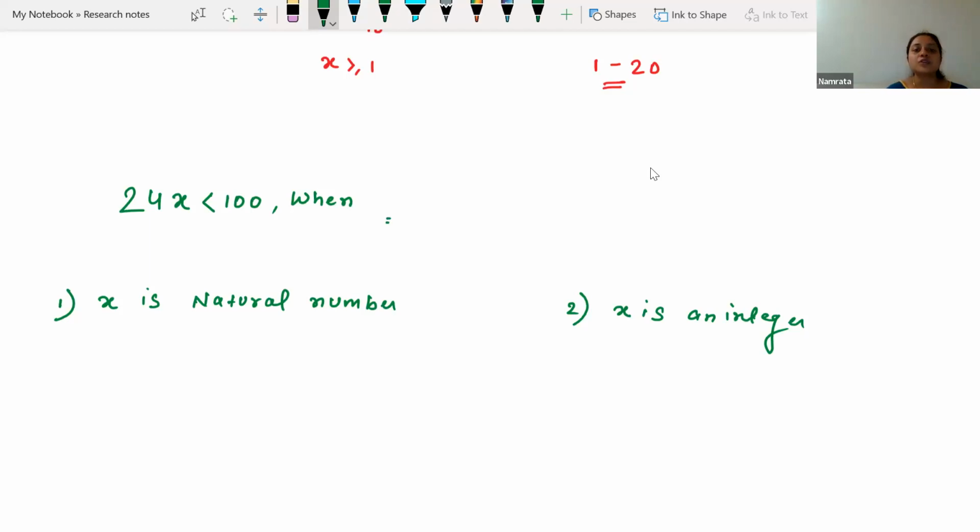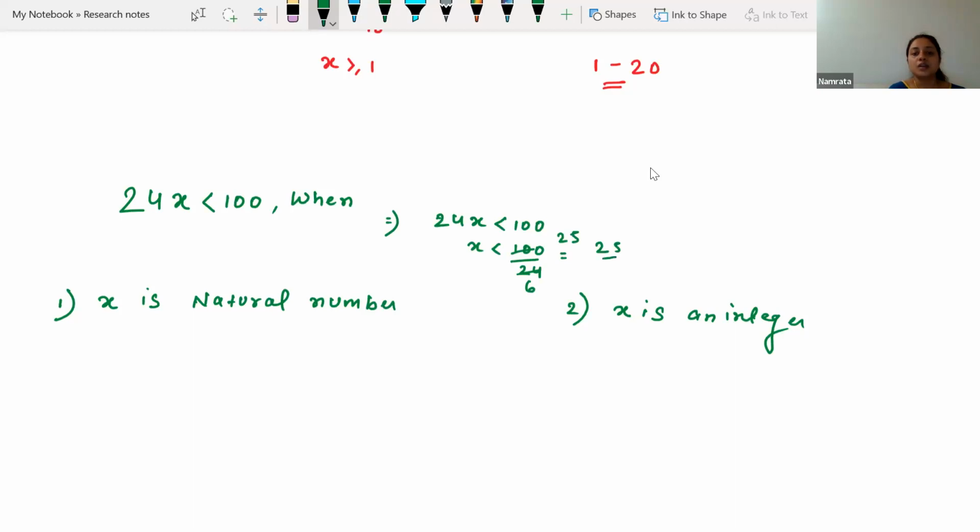So what we are supposed to do is, 24x is smaller than 100, then x will be smaller than 100 over 24. Yes or no? Yes, ma'am. Let's cancel it out. 4 times 6 is 24, 4 times 25 is 100, so we are getting 25 by 6.